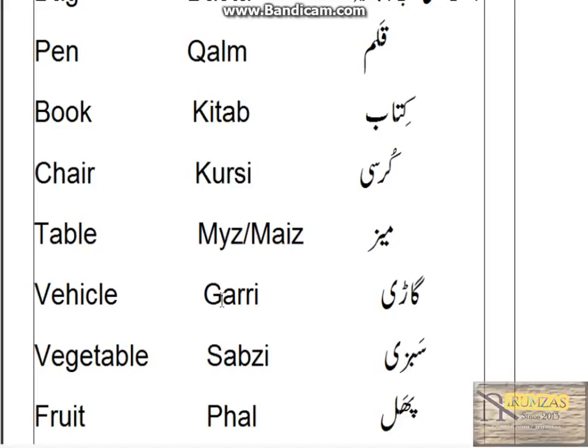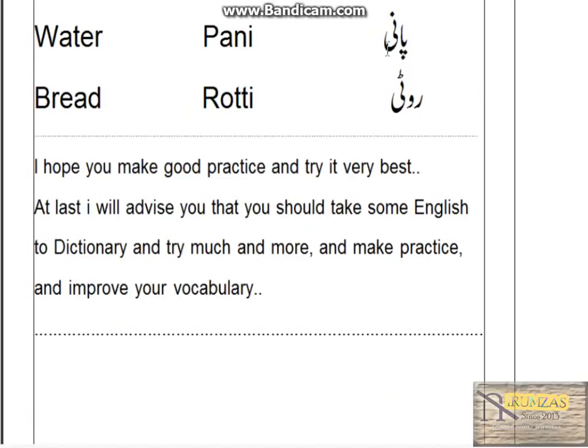This is representing the alif. Vegetables, sabzi. This is representing the zabar tone. Next one is fruit. In Urdu we say it phal. This is representing the zabar tone. The next two words are pani, water, and roti.